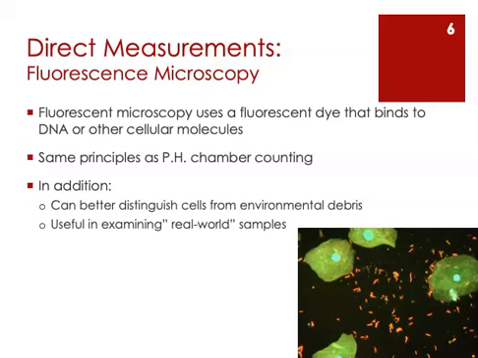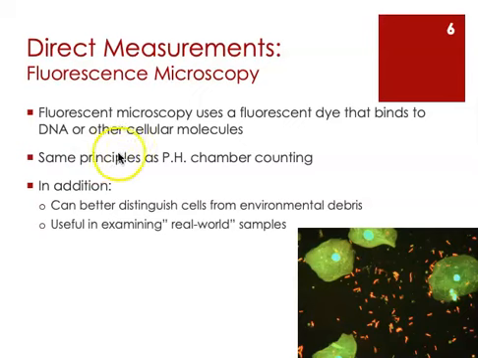Fluorescent microscopes are great in the sense that they allow you to see things very, very clearly because of the bright fluorescent colors that these dyes give. But remember, fluorescent microscopes are very expensive, and so they're not found as commonly in laboratories as light microscopes.